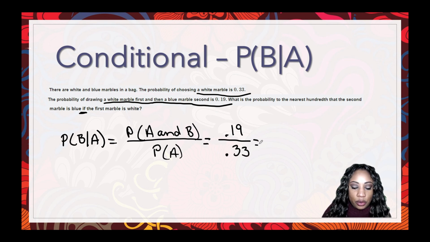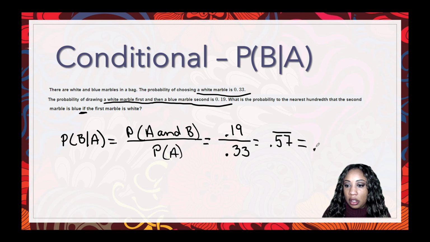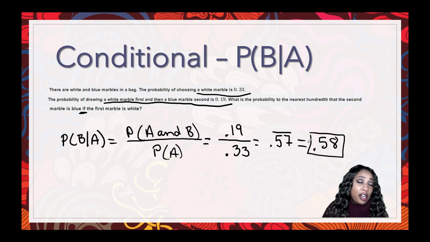And that is going to give us 0.57. And we are rounding to the nearest hundredth, so that's going to be 0.58.